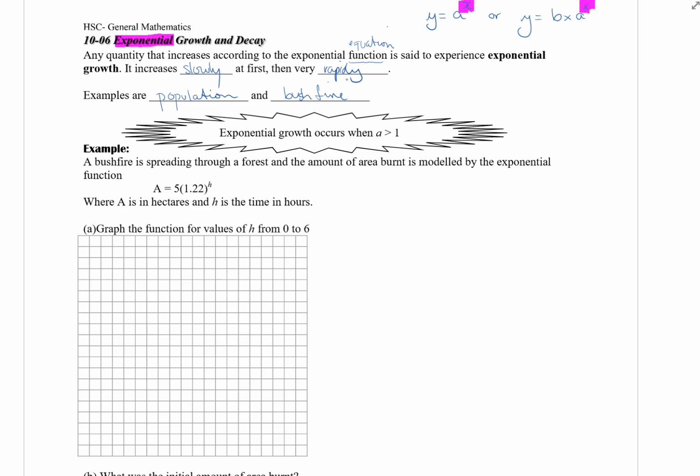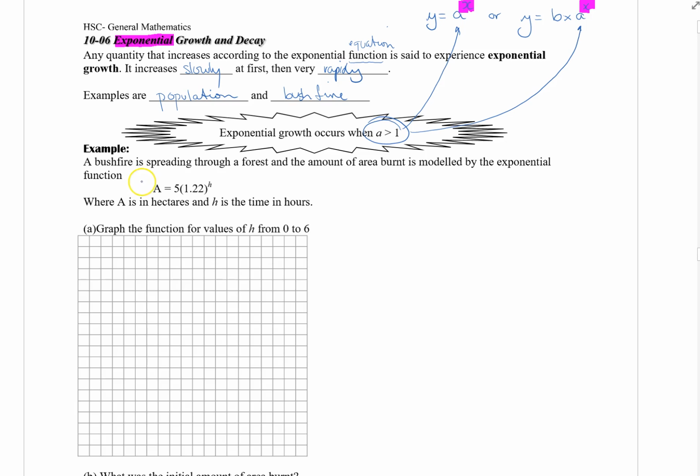So they're two examples in real terms of growth situations, where if we had an equation to describe how it was growing, then the equation would be exponential. The other defining feature is you'll only get exponential growth if a is a number greater than 1. So the number in this position has to be bigger than 1.